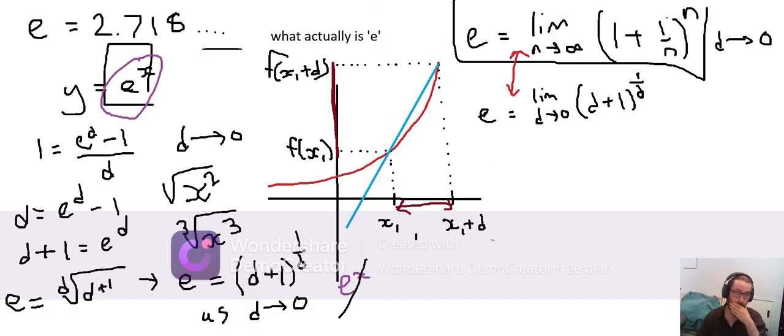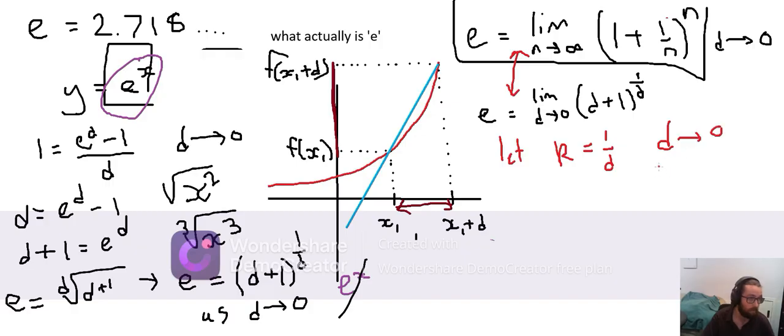The reason they're identical is because I can just say let k equal 1 over d. Alright, so k is the reciprocal of d. That means that if d is approaching 0, k is approaching infinity.